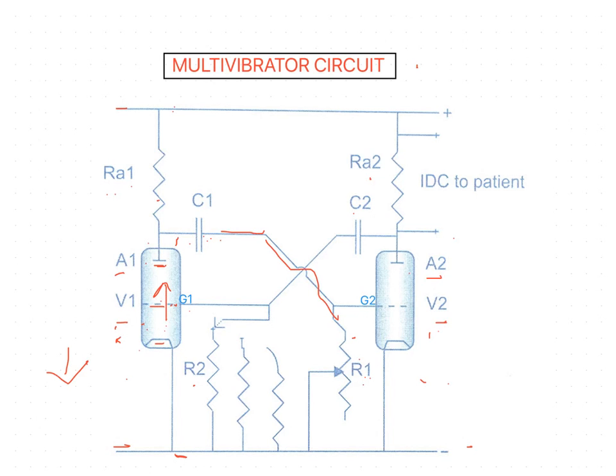A decrease in the intensity of the current passing through V1 corresponds to an increase in the resistance of the valve. Definitely, because if resistance is more, then flow of current decreases. So already the intensity is decreased. So in relation to the decrease in intensity of the current, what happens? The resistance is going to increase.